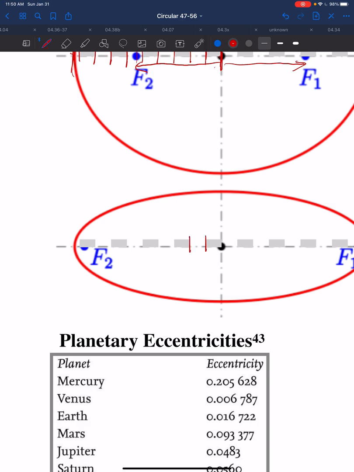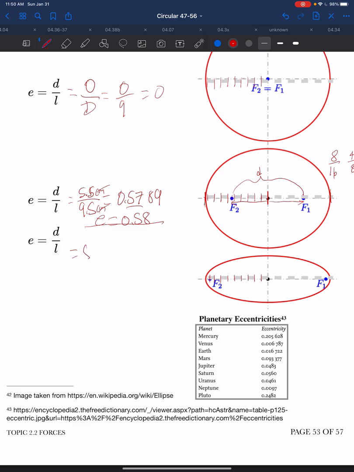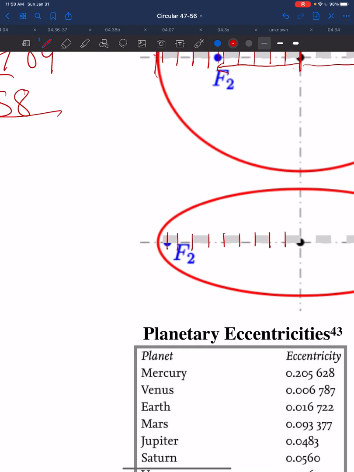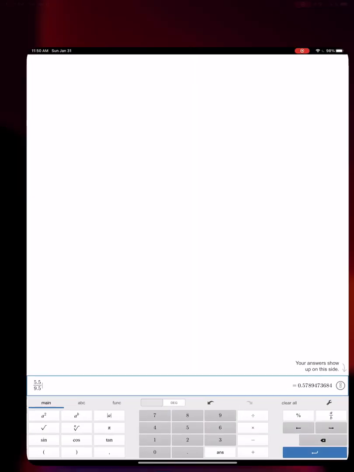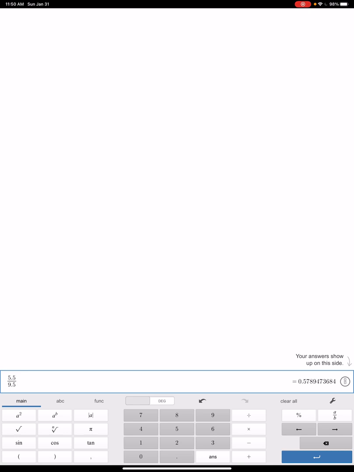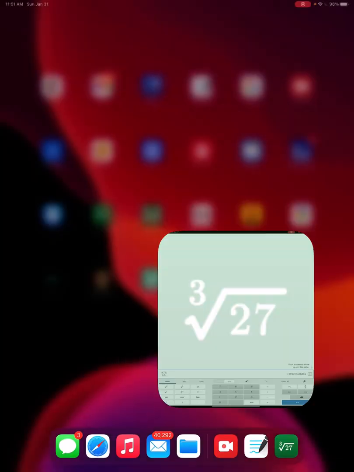And let's collect some measurements. So we have 1, 2, 3, 4, 5, 6, 7, 8. Let's call that 8 3/4. 8.75 all over the total axis, which is 9, maybe 9.5. 8.75 divided by 9.5 gives us 0.921.